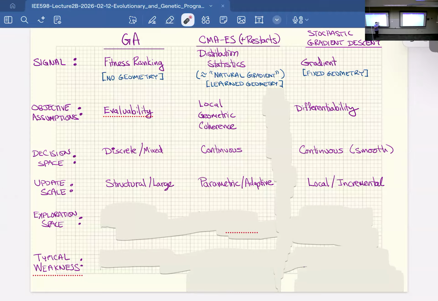Whereas when we go to covariance matrix adaptation, it's really parametric. So we are assuming we've found a nearby area that we think we should be optimizing, and we want to fit a local structure to that local area that helps us fine tune it to find the right parameters.